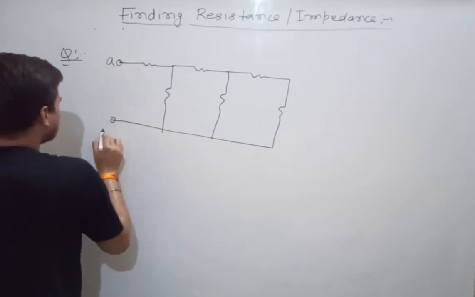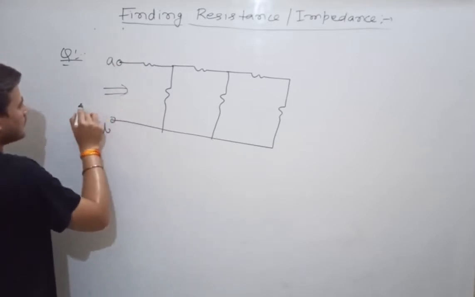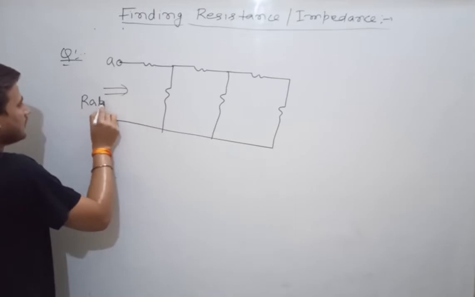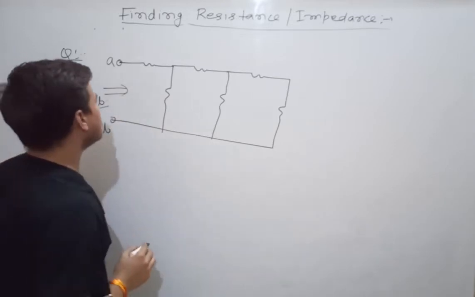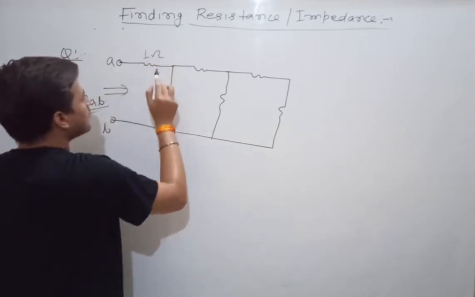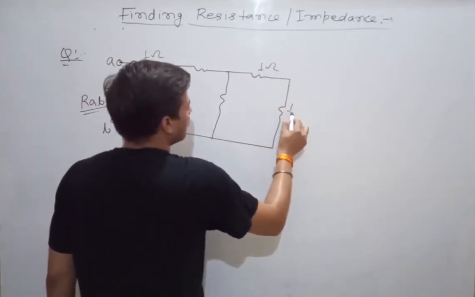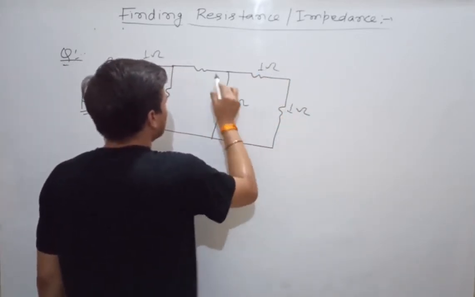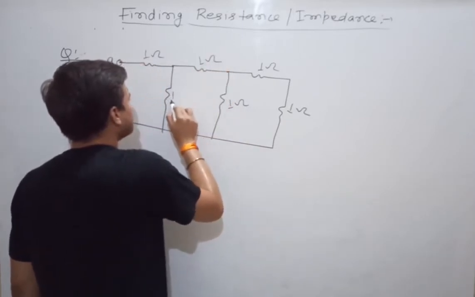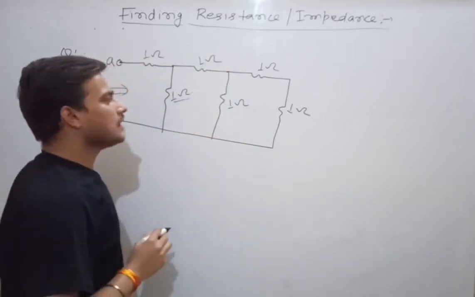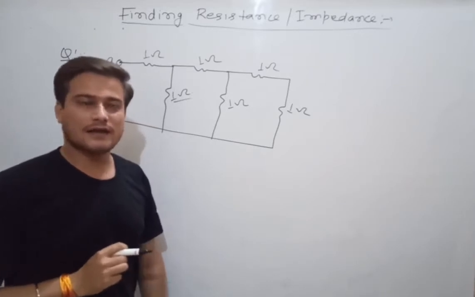The terminal is AB. You have to find the equivalent resistance seen from this terminal A and B. This is 1 ohm, 1 ohm, 1 ohm, 1 ohm, and this is also 1 ohm. So let us see how to find the equivalent resistance.